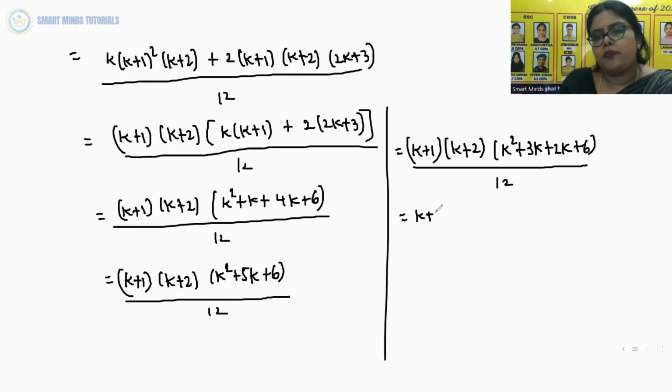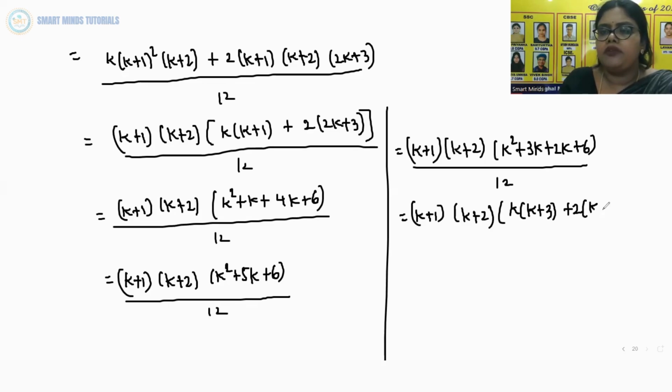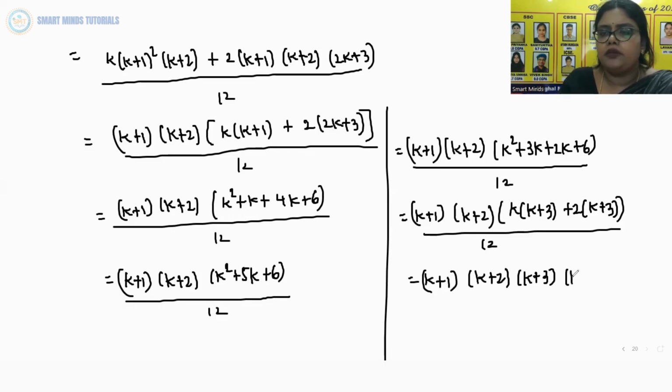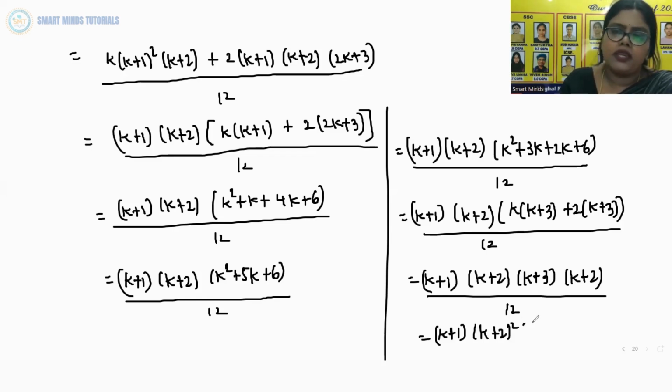So that is k plus 1 into k plus 2 into, if I take k common we get k plus 3. If I take 2 common we get k plus 3 by 12. So that is k plus 1 into k plus 2 into k plus 3 into k plus 2 by 12. So that is k plus 1 into k plus 2 whole square into k plus 3 by 12.